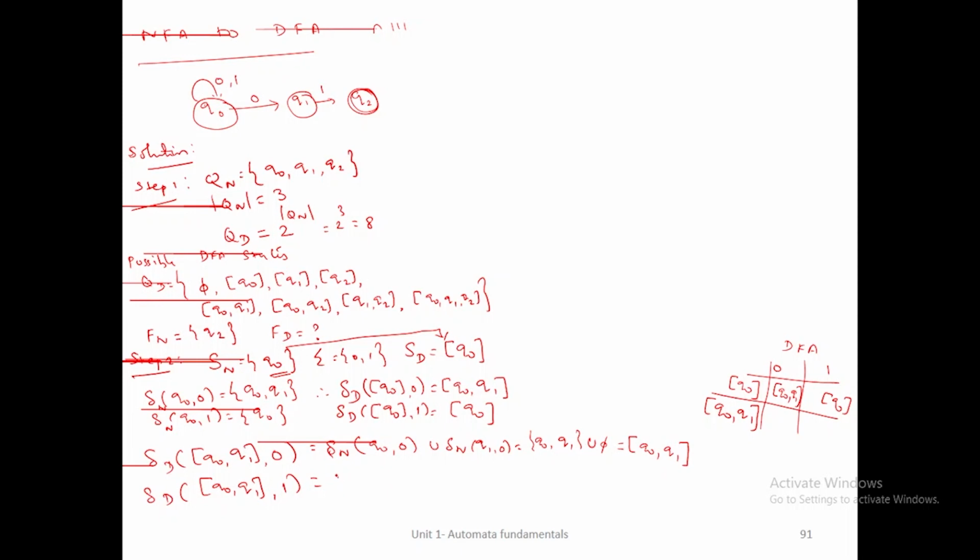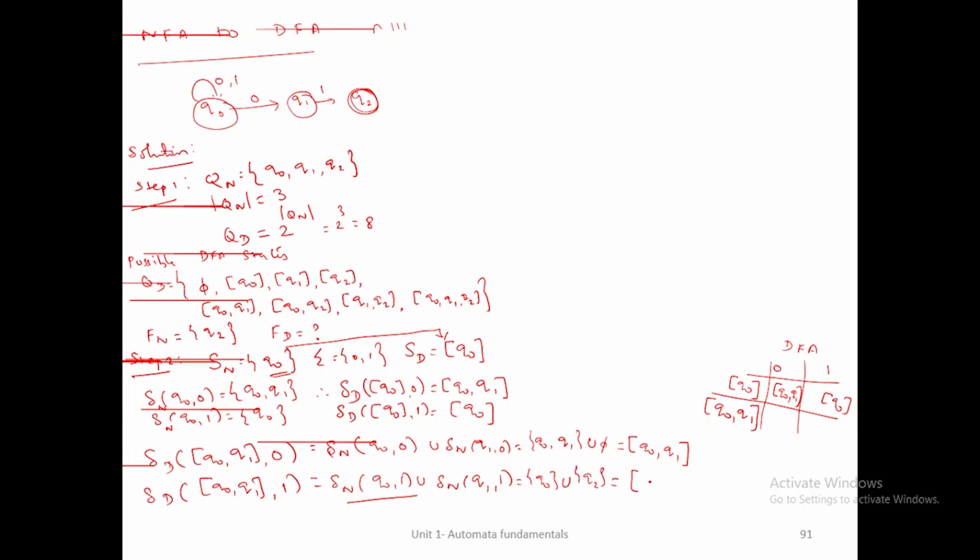Then for this one, you can write delta N of Q0, 1 union delta N of Q1, 1. So you check the answer. In Q0, 1, the answer is Q0. Union Q1, 1, the answer is Q2.